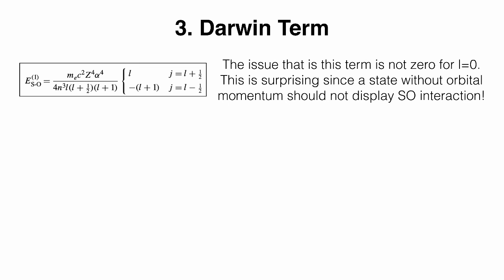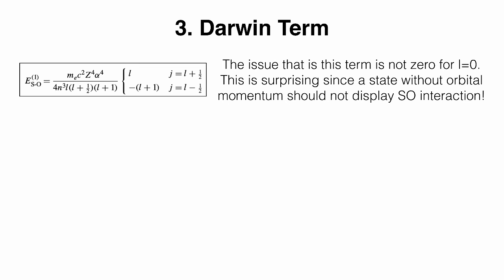So the question, how can you have a spin-orbit coupling if there is no orbital angular momentum? Yet this term shows you that you do. So clearly something is missing. In fact, something is missing that would actually cancel those terms when L equals 0, right? I mean, you cannot have interaction between a spin and an orbit if the total orbital angular momentum is 0, and yet these equations don't seem to indicate this.